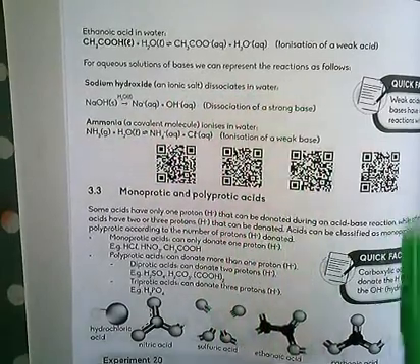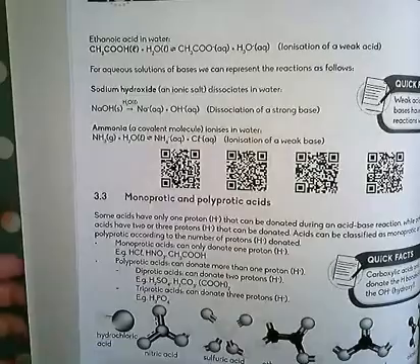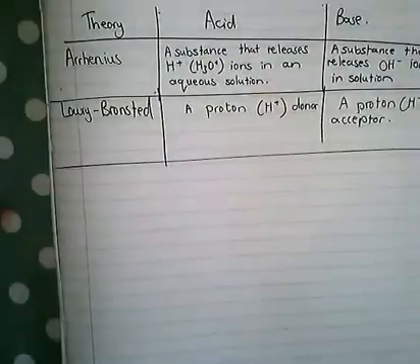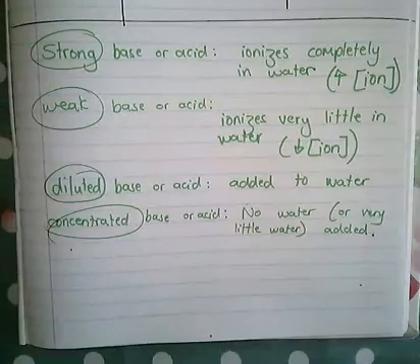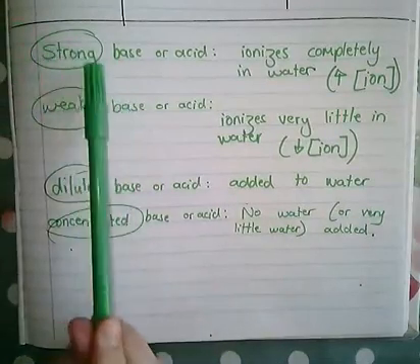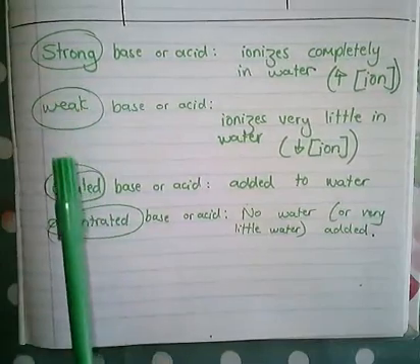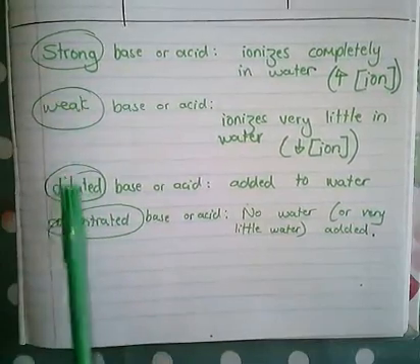So you just have to remember the difference between what a strong base is and a strong acid and a weak base and a weak acid. Okay, so you need to distinguish between what strong and weak means and what diluted and concentrated means. This does not mean the same thing.